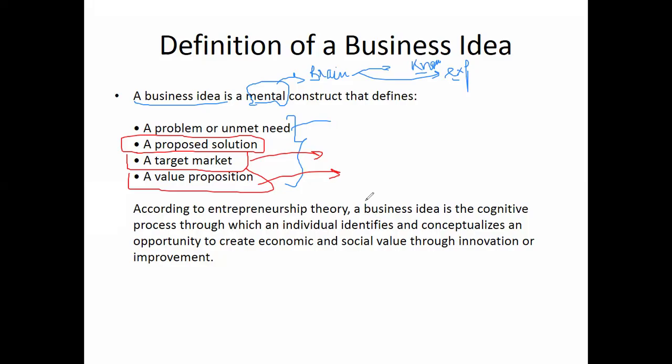Business idea will be an individual identification of a need or problem, and this idea has to focus on the opportunity to create some economical and social value, added value, as we said in chapter 1, that entrepreneurship has the aim to create the added value to the market.